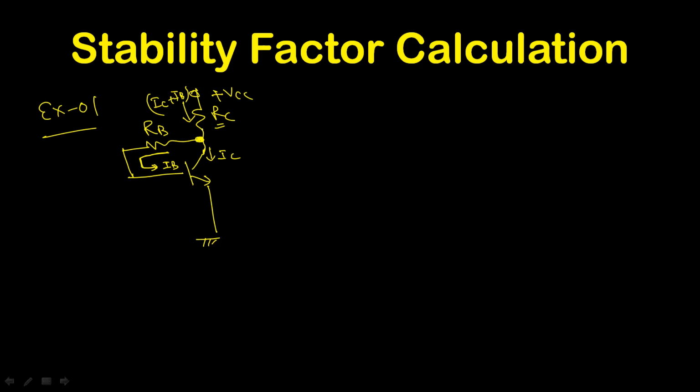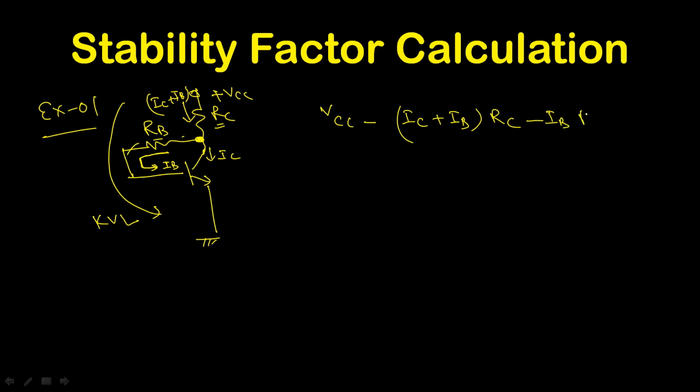Okay. So if I apply KVL, because we are going to find out the base current value, let's focus on the input side. The resultant equation will be VCC minus (IC plus IB) times RC minus IB RB minus VBE equals 0.